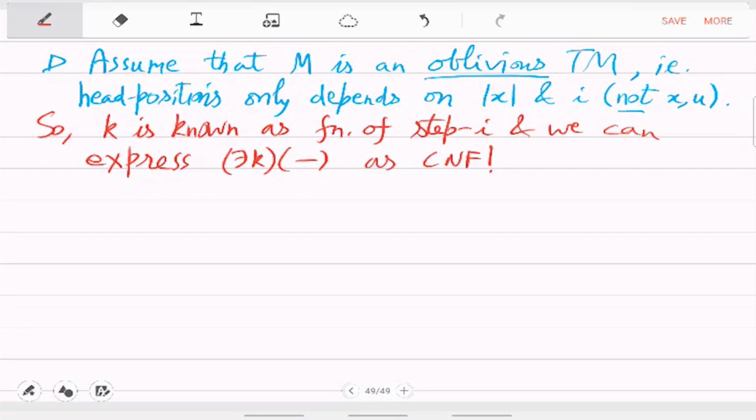So, it captures A0 prime to A prime t minus 1 and A0 to A t minus 1, and of course, the state and the head position. We saw that first we break it into the start configuration, compute steps and stop configuration. Start and stop were easy.